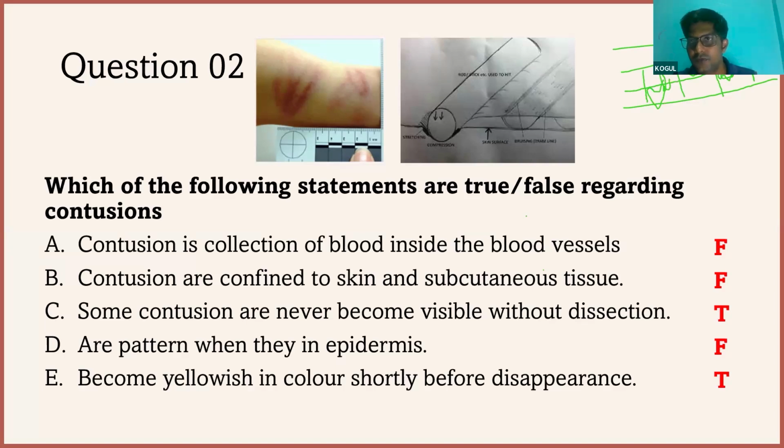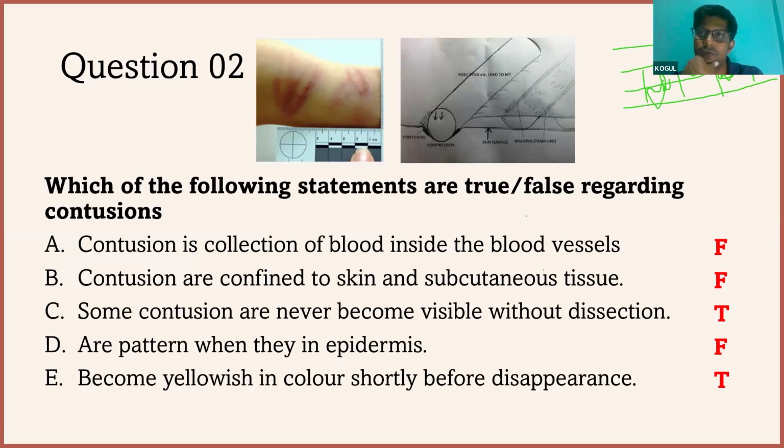The impact site of the weapon is free, normal skin. So this indicates the width of the weapon. Here you can see the width of the weapon. This area of skin was normal because contusion occurs only at the edges, as it is an intradermal contusion. The pattern contusions are due to intradermal contusion.